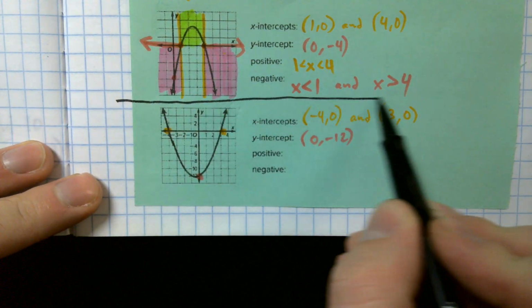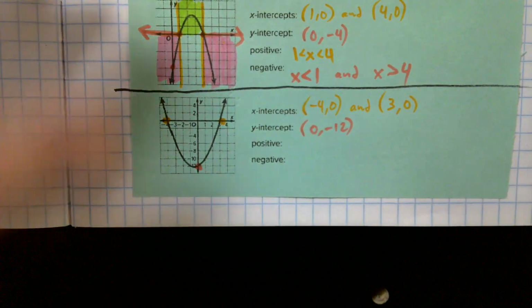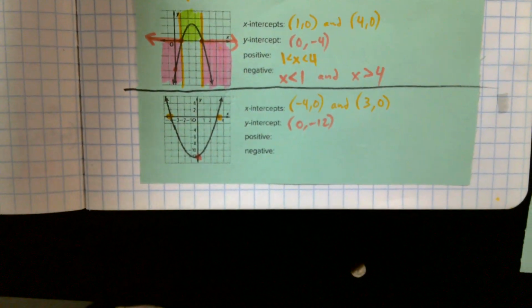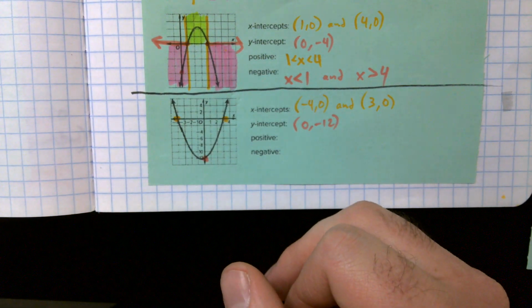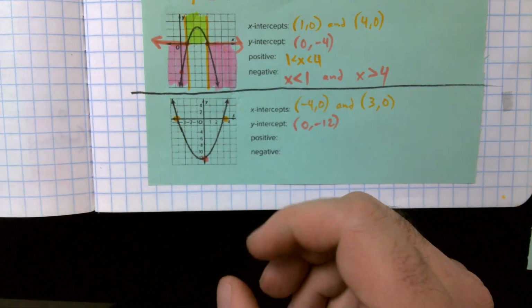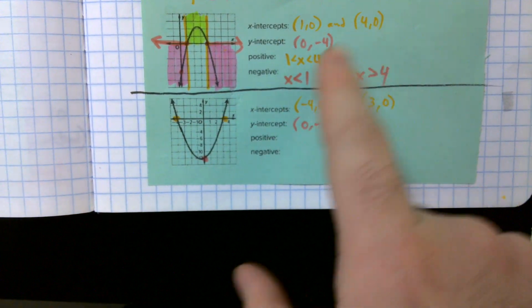Let's see how much sense that makes. Give the last one a try on your own. First, something I want to point out. With this, the y-intercepts mean nothing. We'll talk about what they mean on another day, but today the y-intercepts mean nothing. You're focusing on your x-intercepts. In this one, my x-intercepts were 1 and 4.